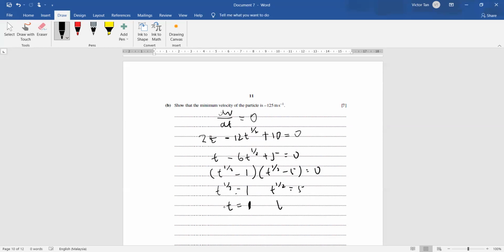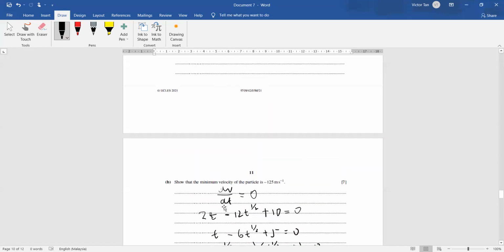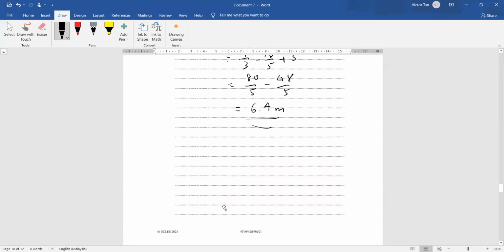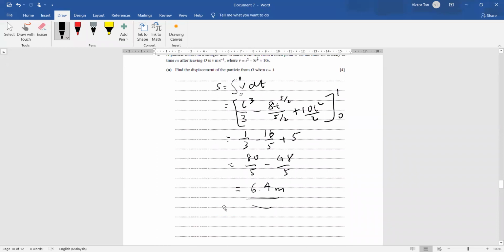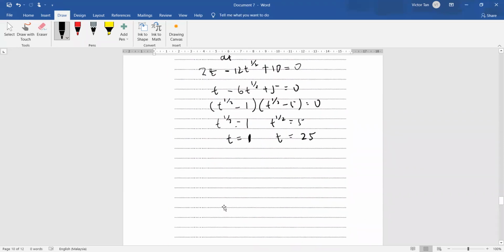So this is the check and balance. T equals 25. So you got to determine when it is the minimum.